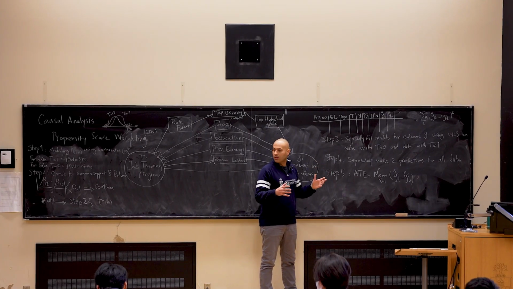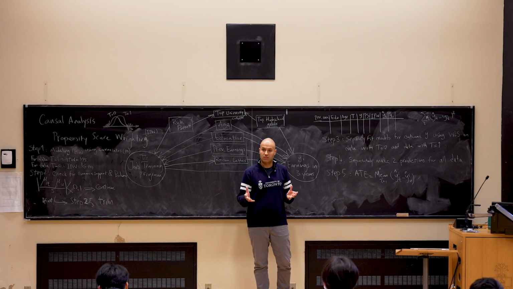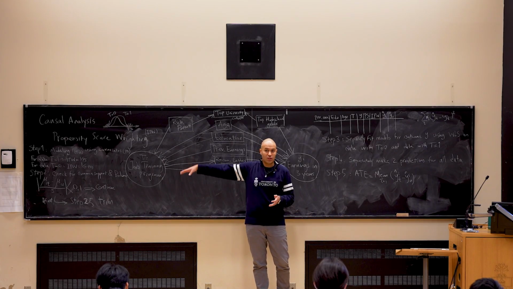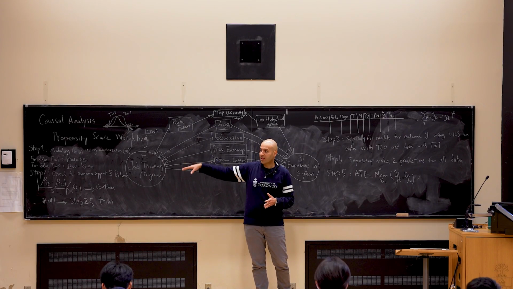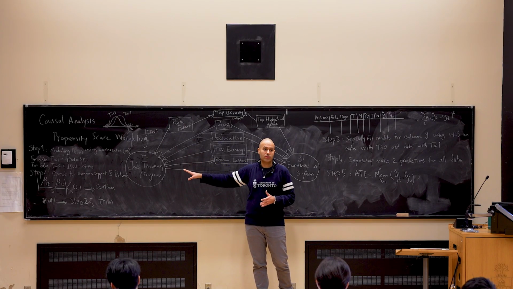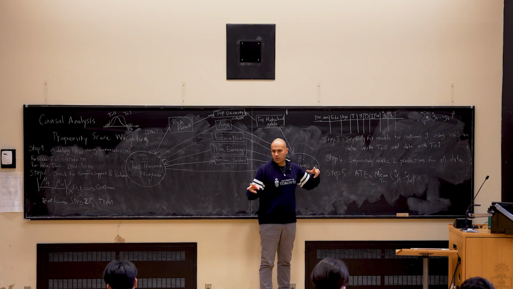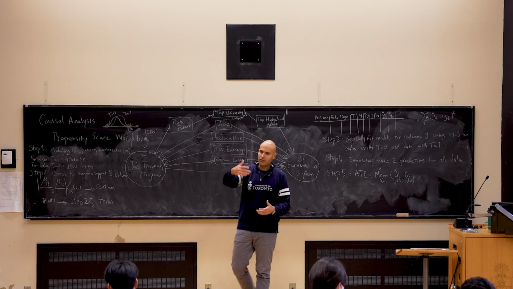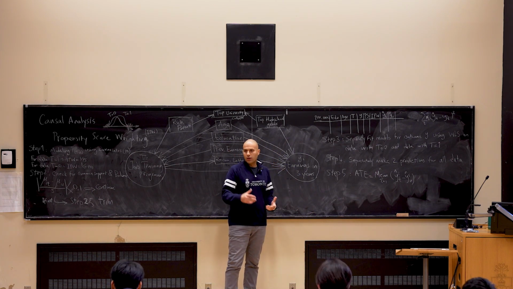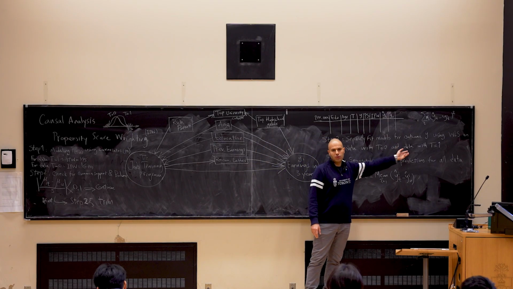Step 3 is the first place where Y gets involved. Earnings after 3 years, we didn't use it so far. Importantly, we didn't use it in the calculation of propensity scores. That was just about T as the response variable. Here, we fit 2 different models. These are models of the outcome variable Y, using weighted least squares for data points with T equal to 0, and data points with T equal to 1.